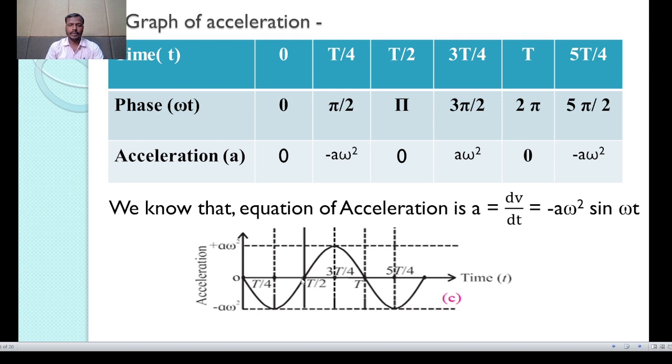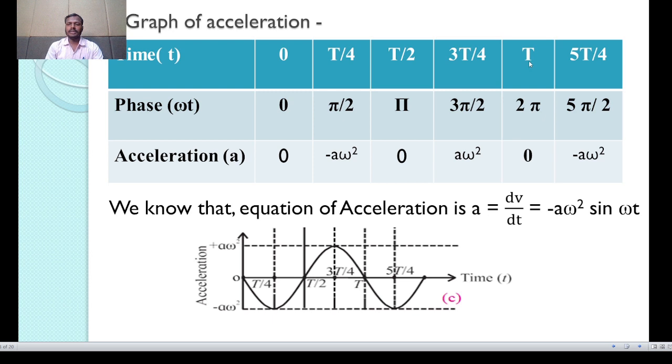When the time is 3T divided by 4, the phase becomes 3π divided by 2, sin 3π divided by 2 is minus 1 multiplied by minus a omega square, that is the equation becomes a is equal to plus a omega square. When the time is 3T divided by 4, the acceleration is a omega square. This point is here.